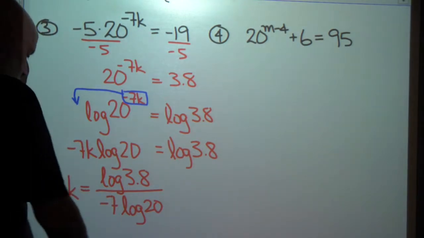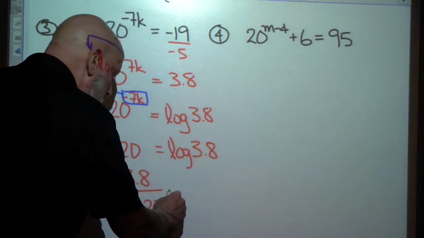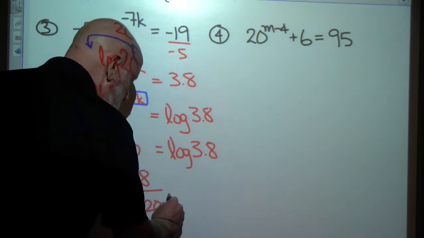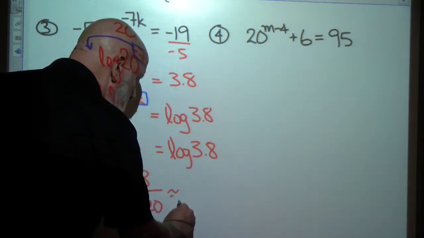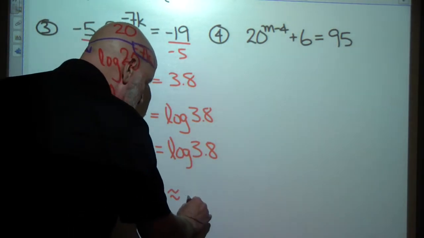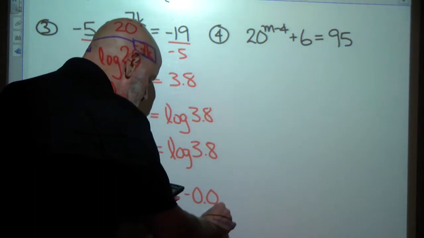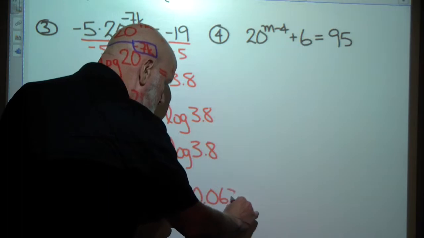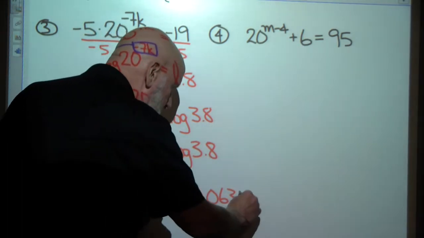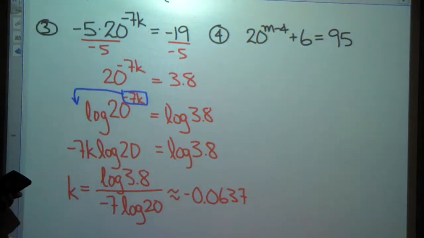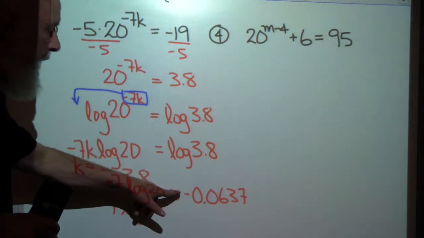And it will be negative. I was thinking that can't be right, but it is right. It's approximately equal to negative 0.0637, rounding to the 4th decimal place. Okay, so the value of k here would be negative 0.0637.